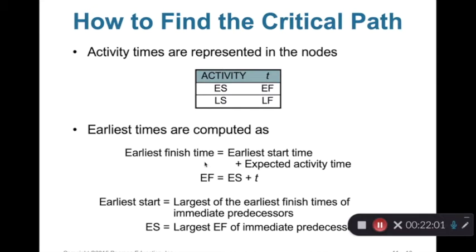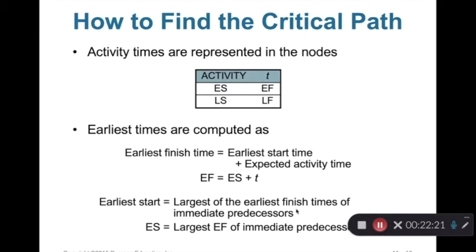For example, we talk about earliest finish time: earliest start time plus expected activity time. ES plus T equals EF. So this is the formula. But we need to determine the earliest start time, ES, for the next activity.